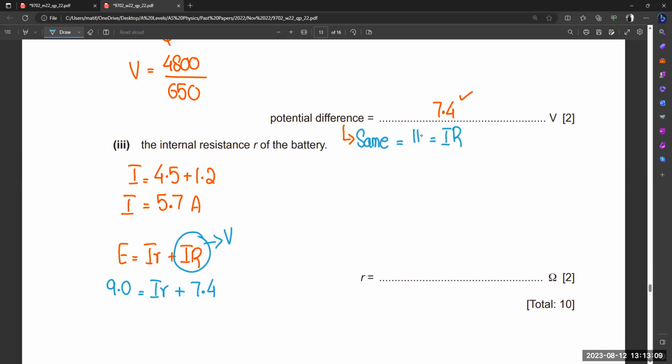So just take it very simple. And finally, 9 minus 7.4 is equal to Ir. The value of total current we already calculated, 5.7. So 1.6 equals Ir.